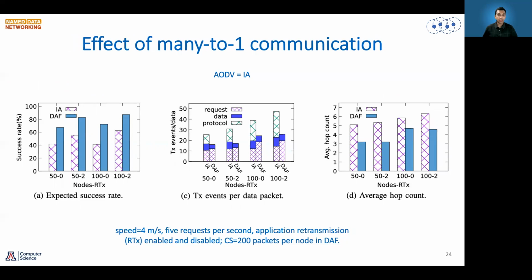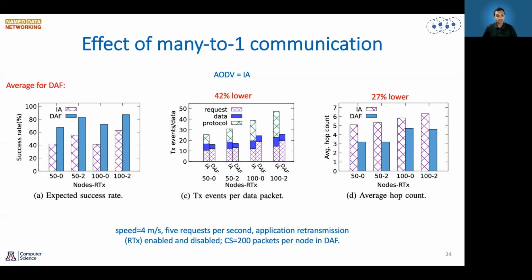Finally, in many-to-one communication, further evidence of NDN caching and multicast is visible. They help to reduce the network load at and near a producer node. Caching helps to lower the hop count of DAF by 27%, while caching and multicast together help to lower transmission events by 42%.